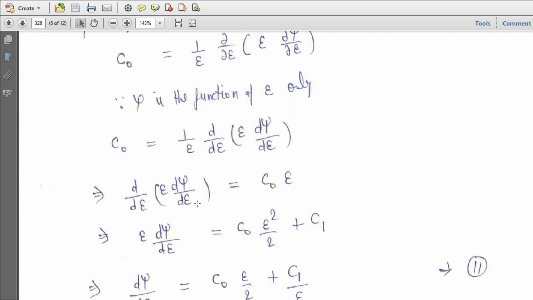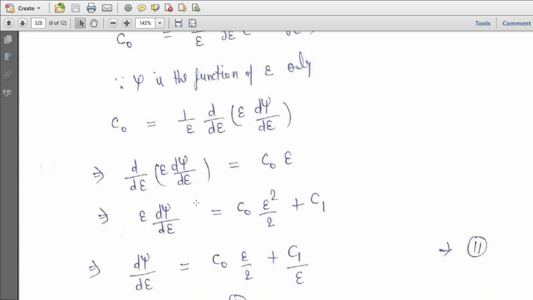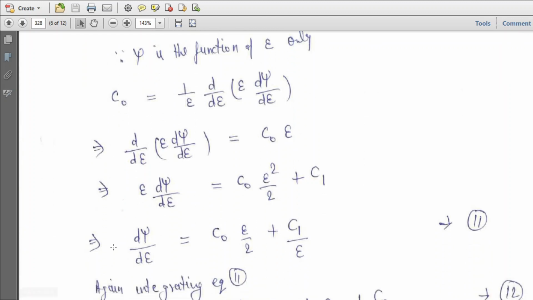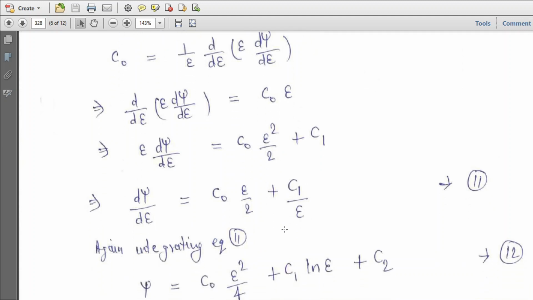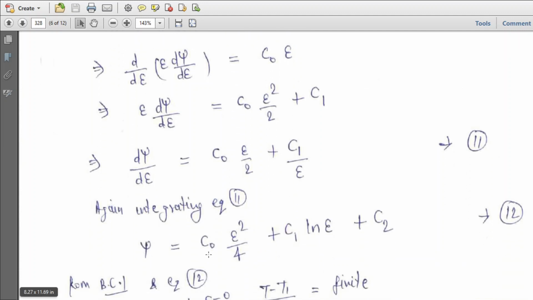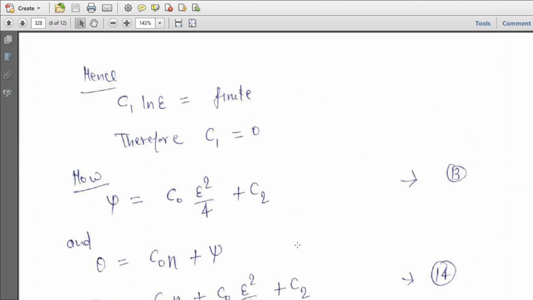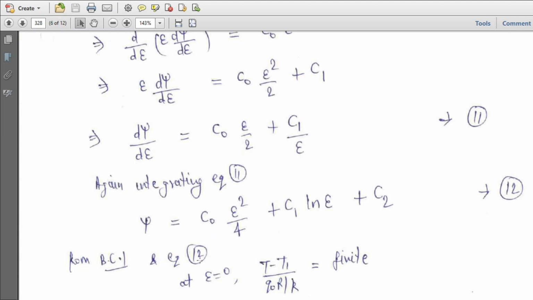Now we can integrate that. If we integrate, we get ε dψ/dε equal to C₀ ε²/2 plus C1, so dψ/dε equals C₀ ε/2 plus C1/ε. Integrating again, you get ψ equal to C₀ ε²/4 plus C1 ln ε plus C2. Now we have boundary condition 1 and equation number 2.